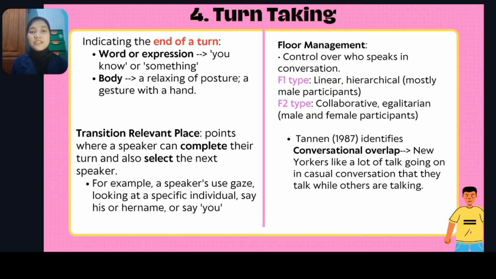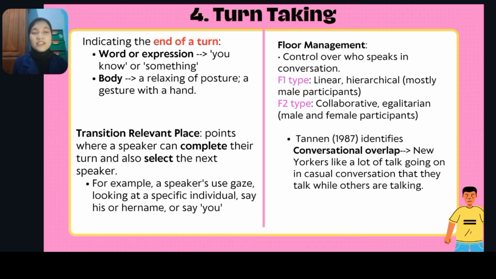And you can use the transition relevant place. In this place, you can point where the speaker can complete their turn and also select the next speaker. For example, speakers use gaze, looking at a specific individual and saying his or her name, or just saying "you."